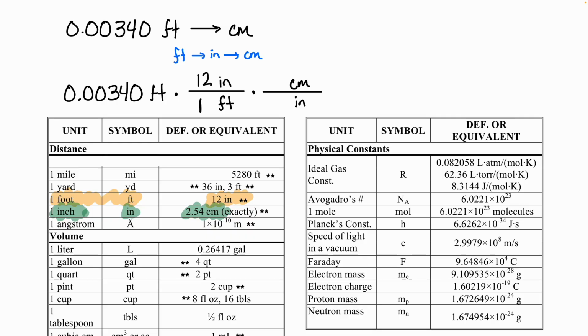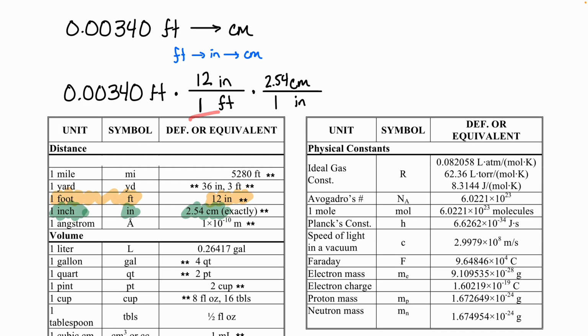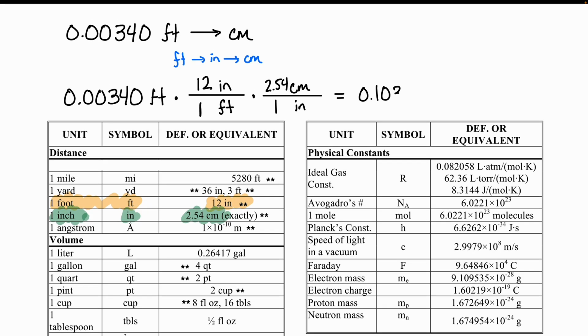Again, looking for that entry on my table here, we got 1 inch equals 2.54 centimeters. So I'm going to take my 0.00340, punch it into the calculator where I multiply by 12, divide it by 1, you can skip that step, multiply it by 2.54, and I get 0.1036.